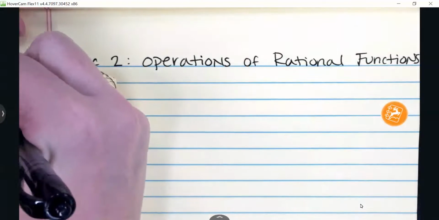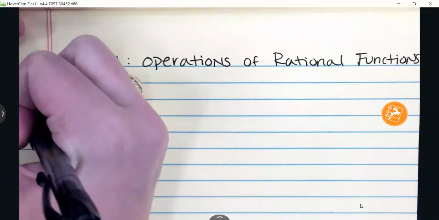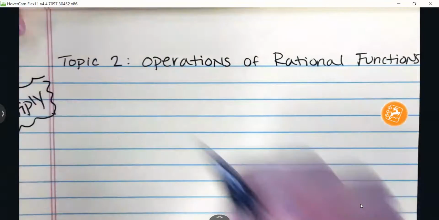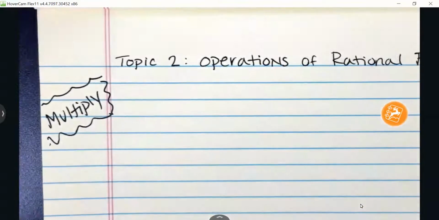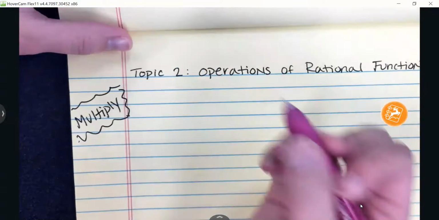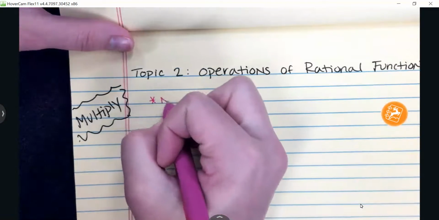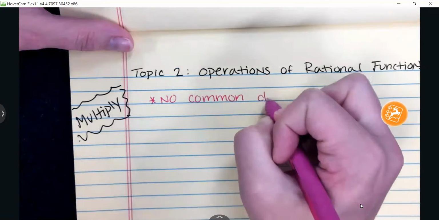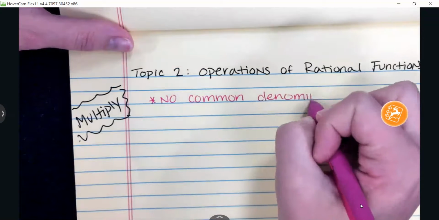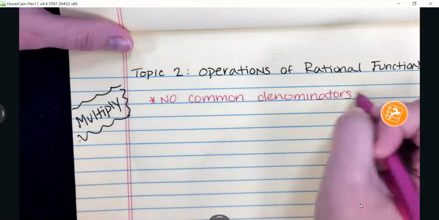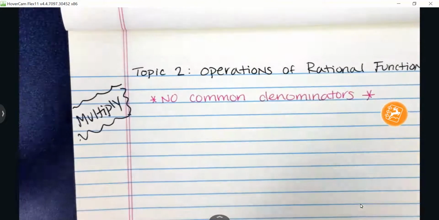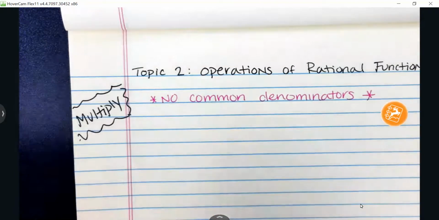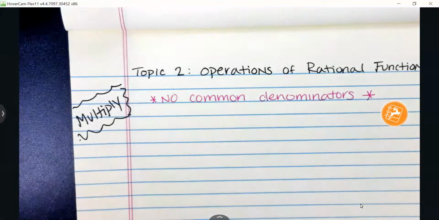So first we're going to multiply. And the easiest, best, most amazing news when you multiply is that you have no common denominators. So we don't care if our denominators match or not. We can multiply anything.